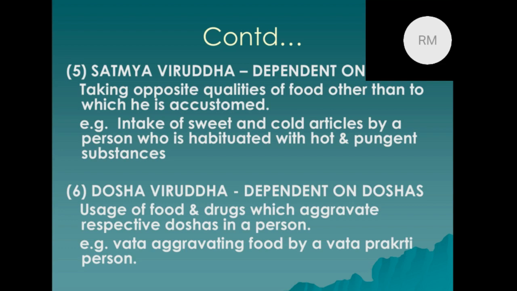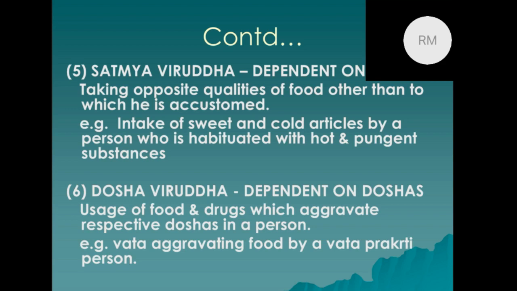And then depending on the doshas. In certain diseases, particular doshas may be imbalanced in your system, and you have to use foods and drugs which are not going to further aggravate those doshas.